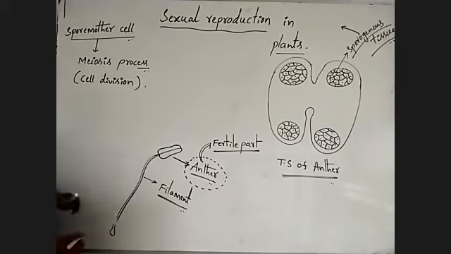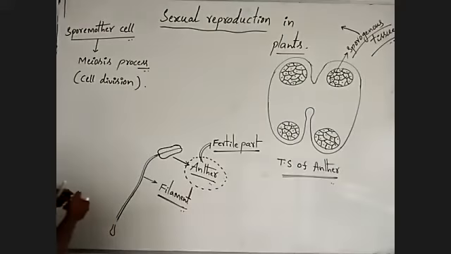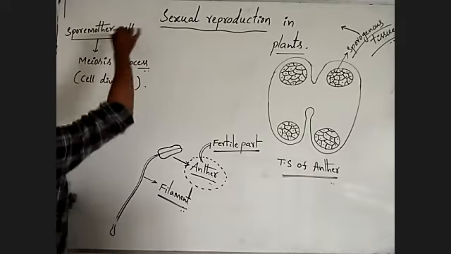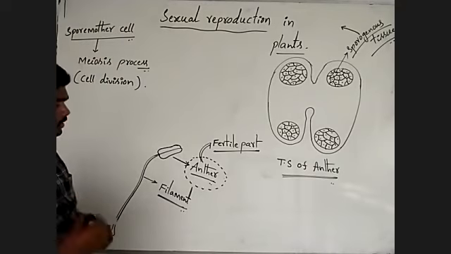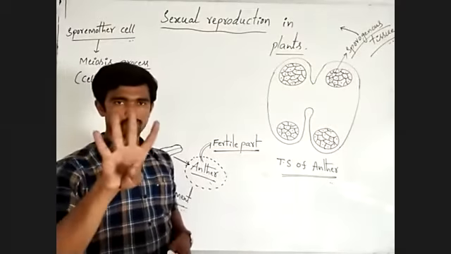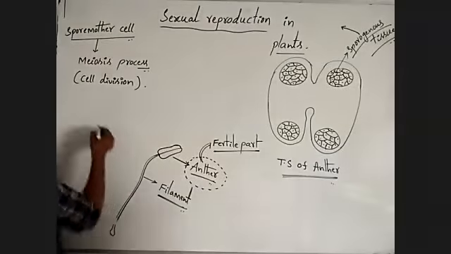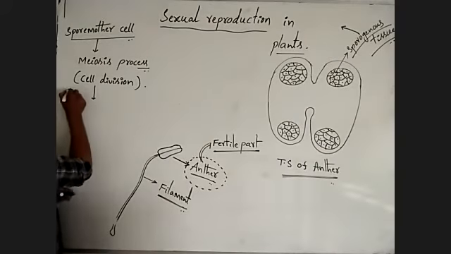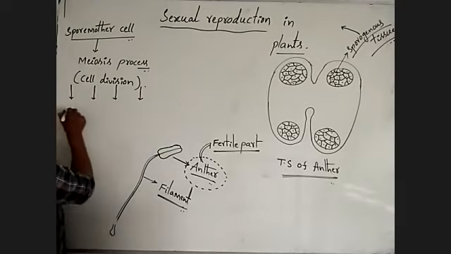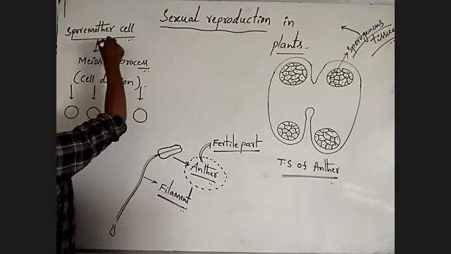After the meiosis process, each and every spore mother cell gives 4 spores, microspores. How many? 4 microspores from one cell.